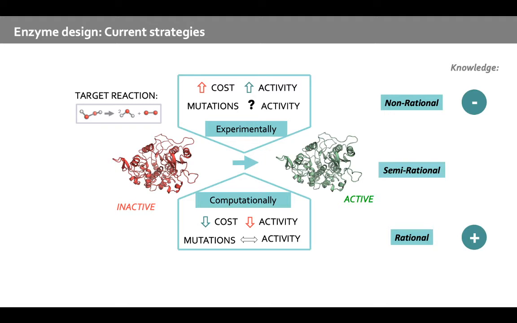So the main idea is we want to turn this inactive enzyme into a highly active one. And how can I do that? Well, you know that there are experimental strategies and computational strategies. These different strategies can be classified as non-rational, semi-rational, or rational, depending on how much knowledge is required for performing the experiment.